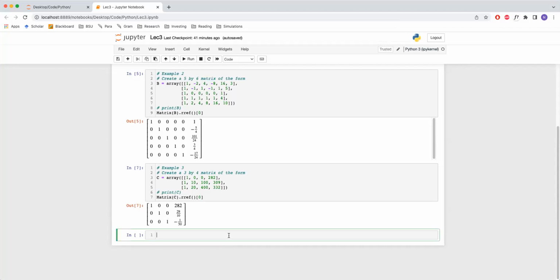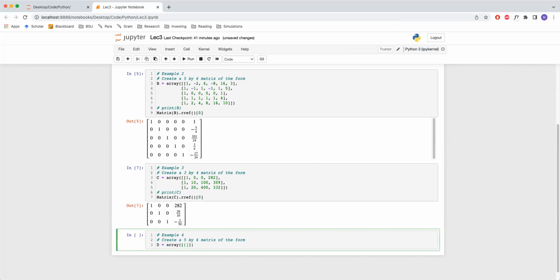Okay, so we get example 4, and we're going to create a matrix with 5 rows and 6 columns, and we call this matrix D, using an array.